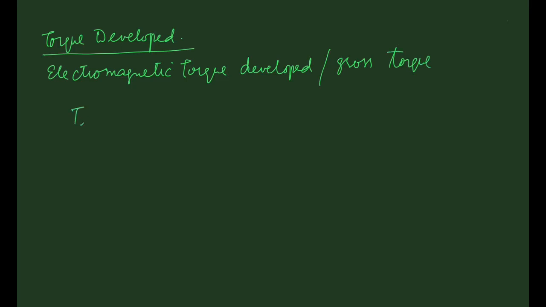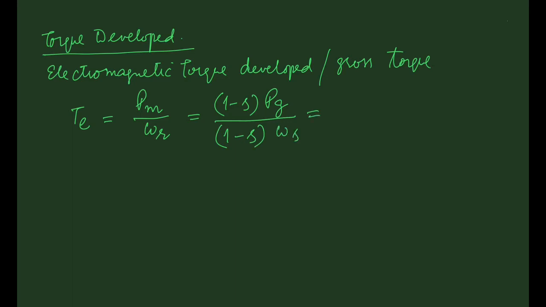It will be given by Te equal to the power developed, which is Pm, the mechanical power developed, divided by omega r, the rotor speed. And Pm, as we have already seen, is given in terms of the air gap power as 1 minus s times Pg, and we know that the rotor speed is given in terms of the synchronous speed as 1 minus s times omega s, and hence we can write the expression for the electromagnetic torque also as Pg by omega s.